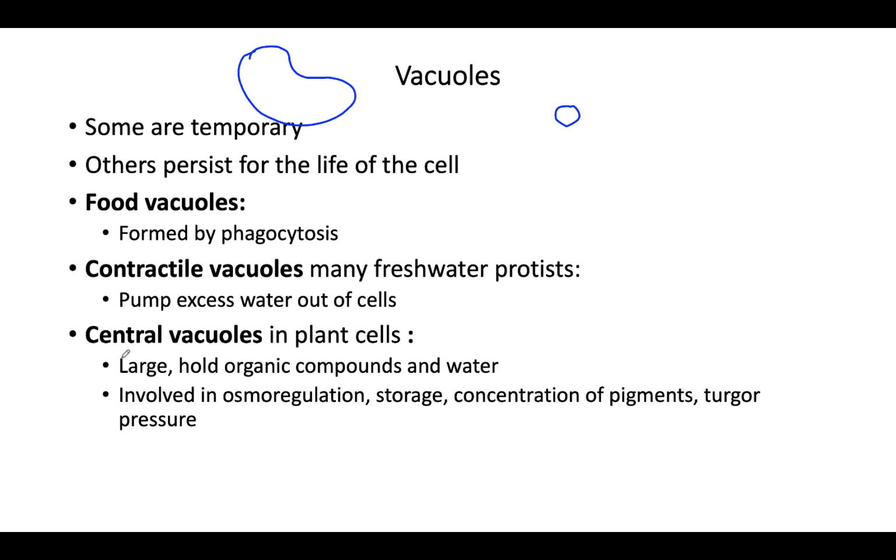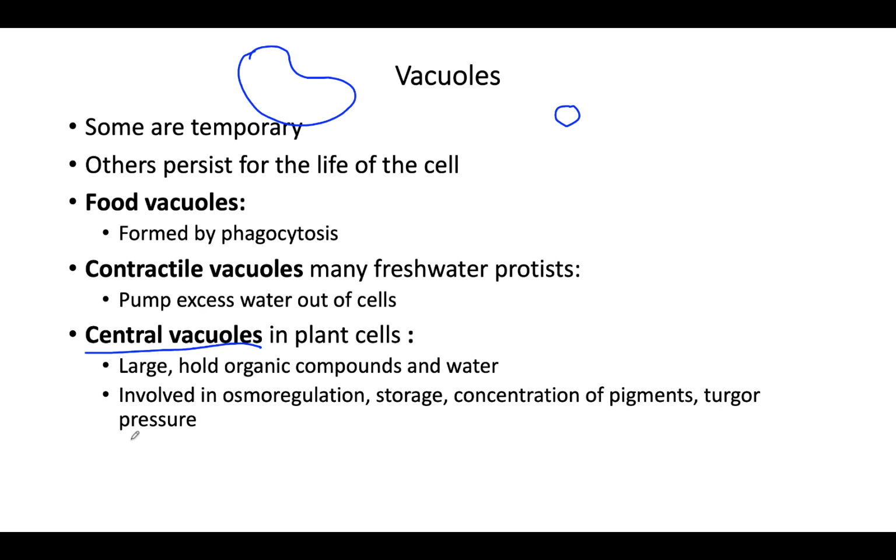Another vacuole is the central vacuole in plant cells. This huge vacuole holds water and organic compounds. The central vacuole is involved in osmoregulation. Osmoregulation means controlling water molecules moving in and out of the cell, and the vacuole controls that. It also stores water. Concentrated pigment can also be stored in the vacuole, and it contributes to turgor pressure.